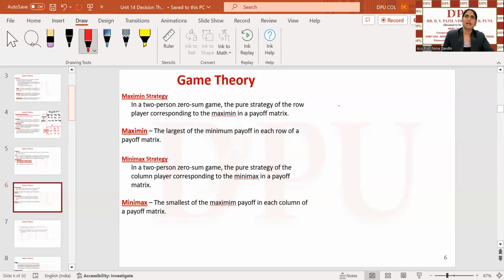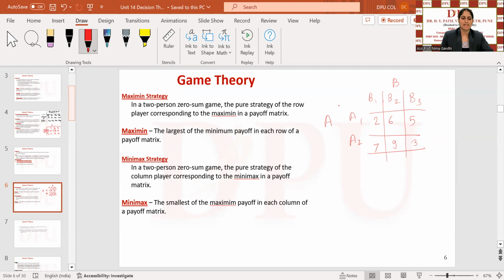Let's say you have a game like A, B. So let's say this is your payoff matrix.